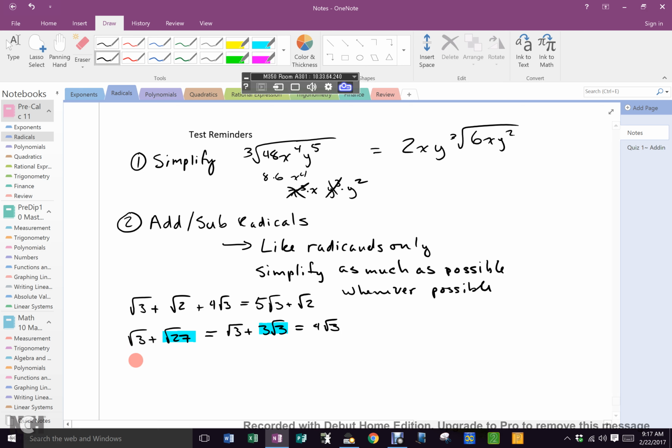No, really? Three, you need to be able to multiply and divide radicals. And that is multiply.